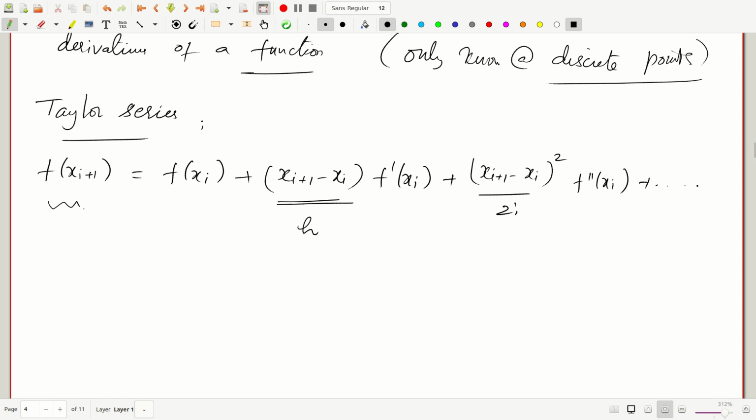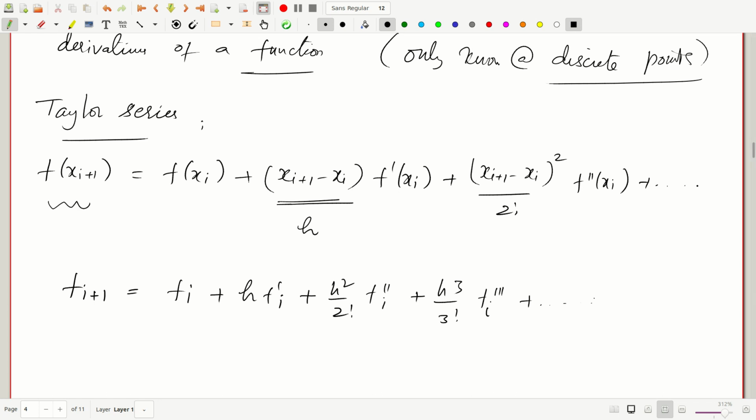Using shorthand notation, writing the function value at x of I plus 1 as f of I plus 1, we have f of I plus 1 equals f of I plus h times f prime of I plus h square by 2 factorial times f double prime of I, plus h cube by 3 factorial times f triple prime of I, and so on.